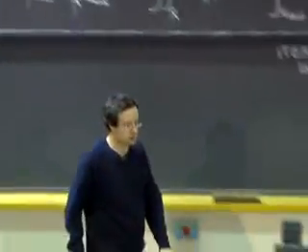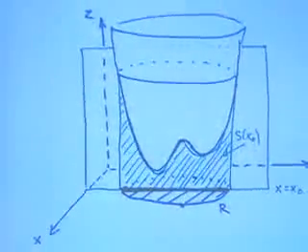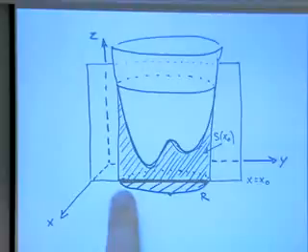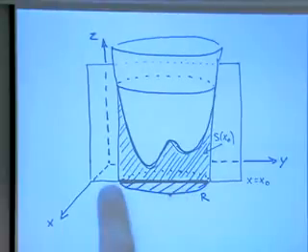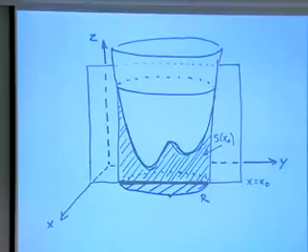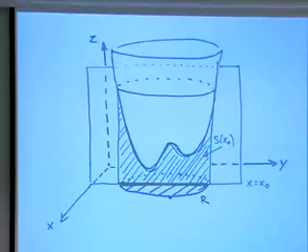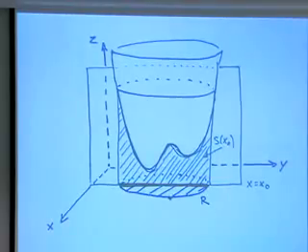Maybe I should draw a picture here instead. For a given value of x, so that's a given slice, I have a range of values for y that is, in this picture, from the leftmost point on that slice to the rightmost point on that slice. So where I start and where I stop depends on the value of x. Does that make sense? Kind of? Okay.